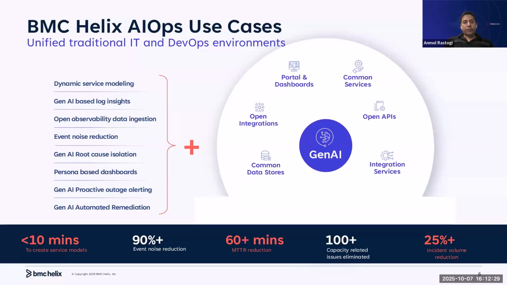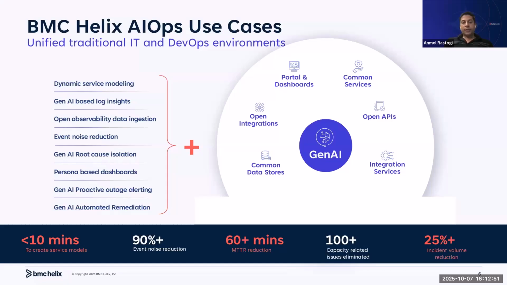Now, from this slide, I would also like to call out a few takeaways. With BMC Helix AIOps capabilities, while we work with the customer, we have literally seen that it's not just a day one or day two job. It takes some time for you to achieve this kind of metrics.